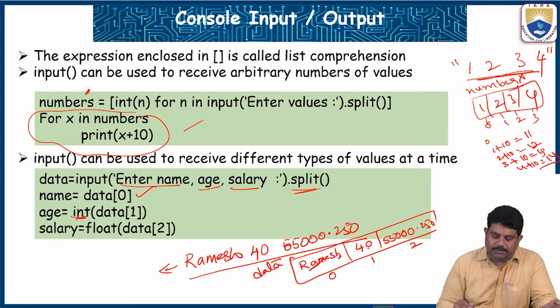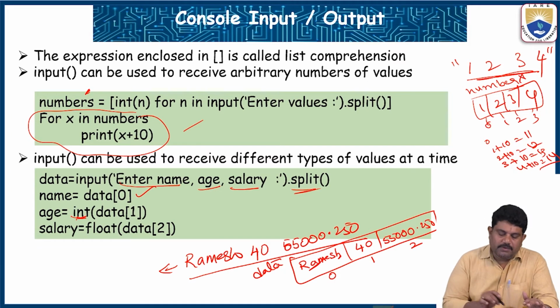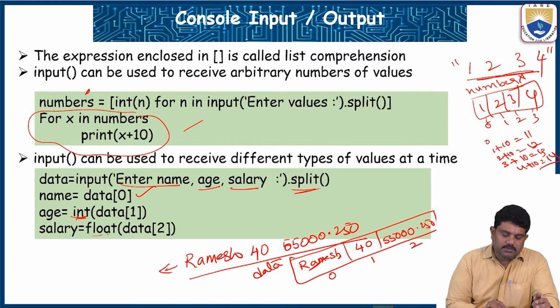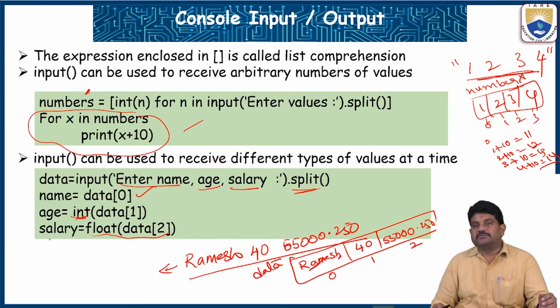Data of 1 means 40. This 40 is initially in the format of a string. When I use the typecasting function int of data of 1, this 40 is converted into integer and stored in age. Next, the salary, data of 2, means 55,250. Initially it's stored as a string, and when I use the typecasting function float of data of 2, it converts into a float type and is stored in salary.